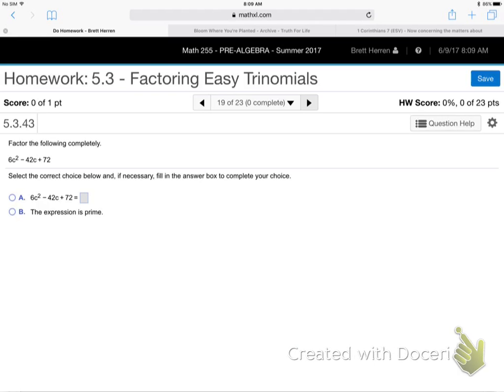Okay. Let's try this one. So we got 6c squared minus 42c plus 72. So first, do what we did yesterday.